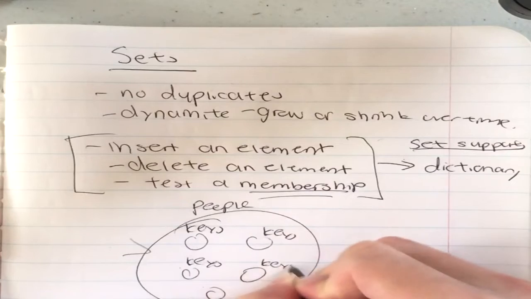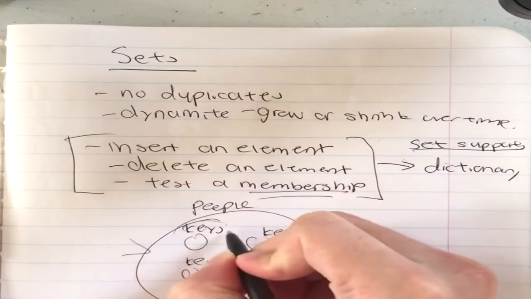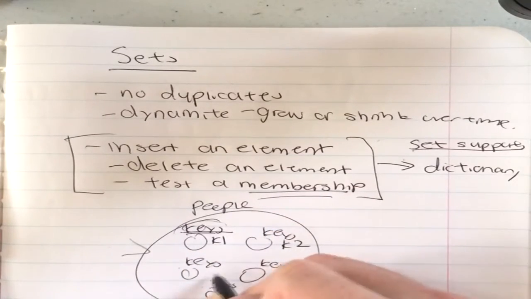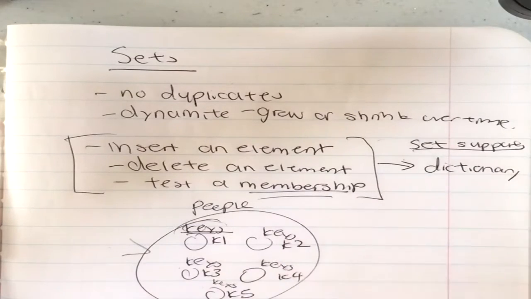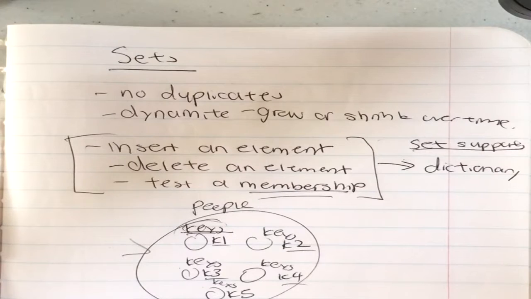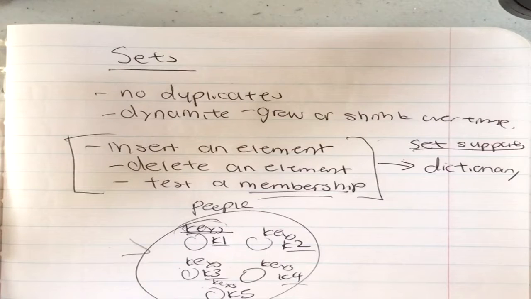All keys are unique. I'll call them key 1, key 2, key 3, key 4, key 5, and so forth. These are just names of whichever objects or elements are in this set, and they are unique, so the key for each object is different.